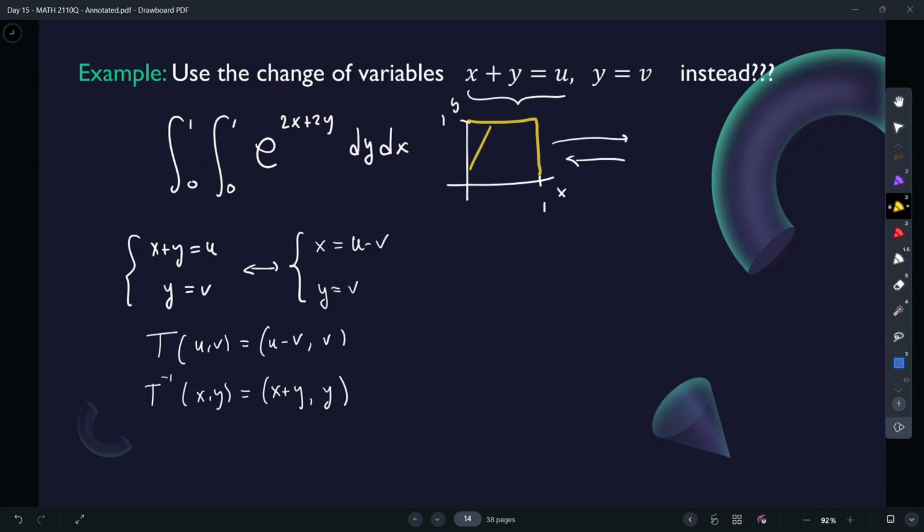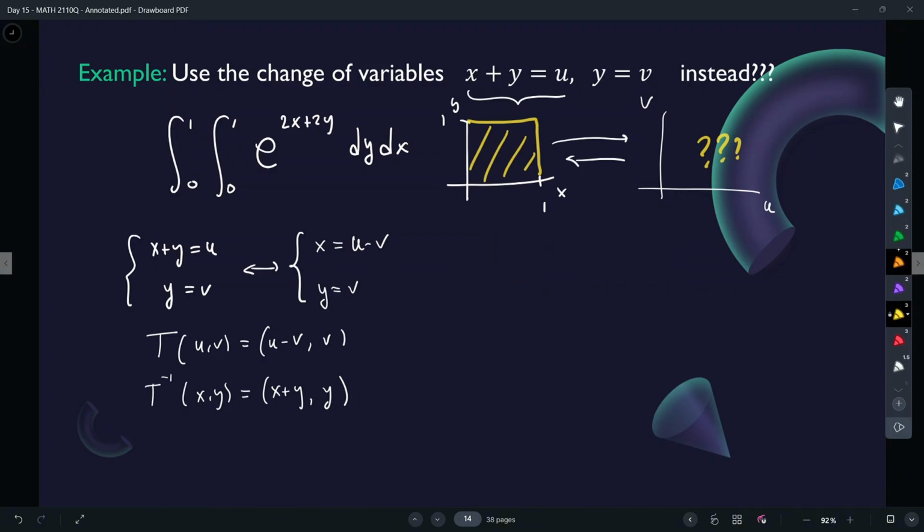I start from here, and I want to know in u and v where it goes. I'm going to send intervals like I did before, just the borders of the region, to see where the borders go. Hopefully that will cut out the region that the image is going to be.